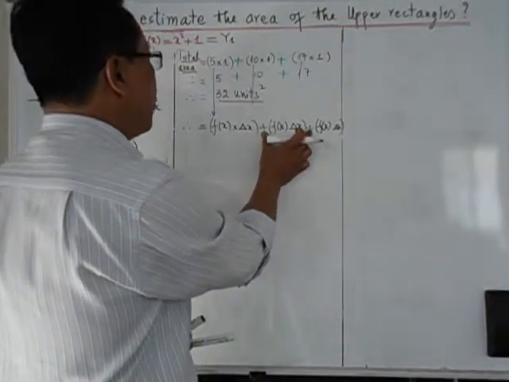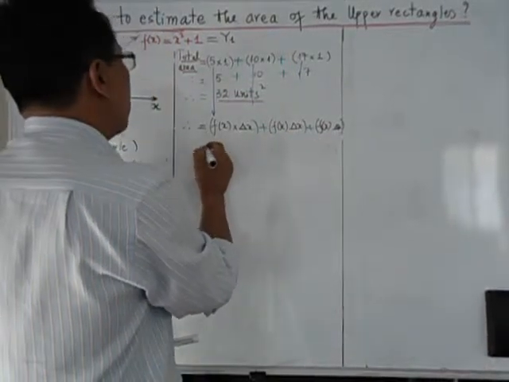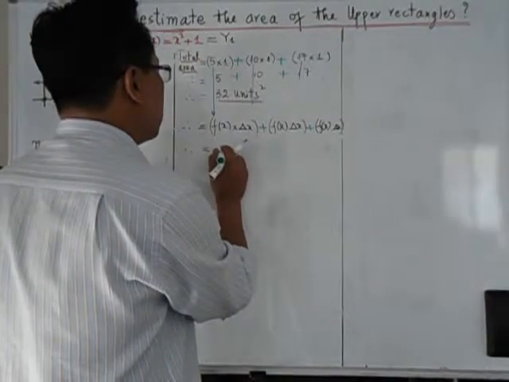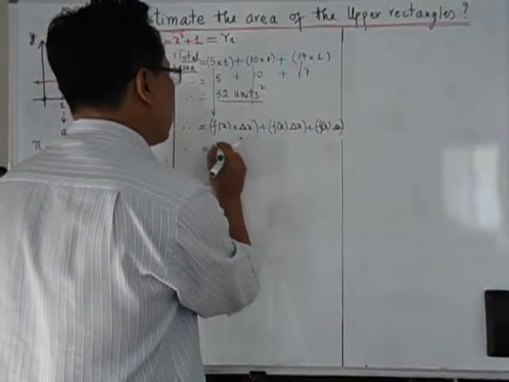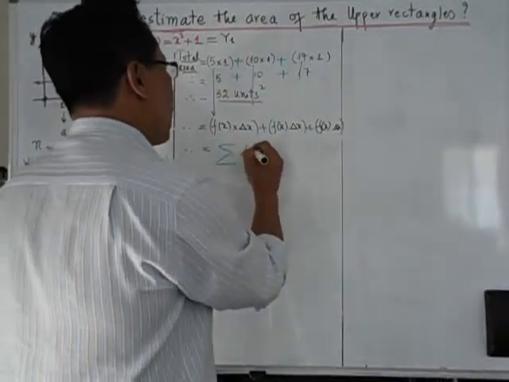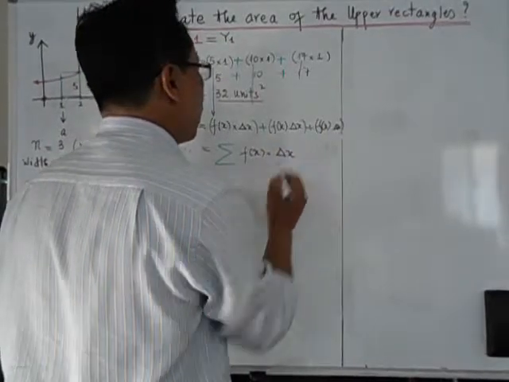The plus sign here represents the summation. Therefore, the total area equals the summation, denoted by sigma, of f(x) times delta x.